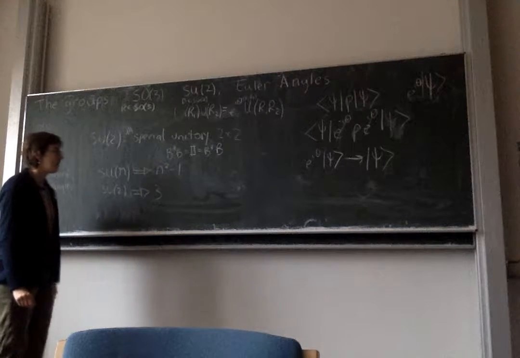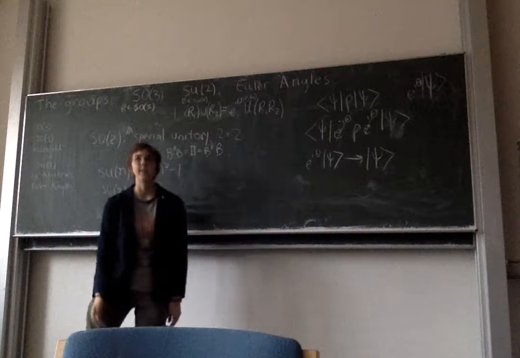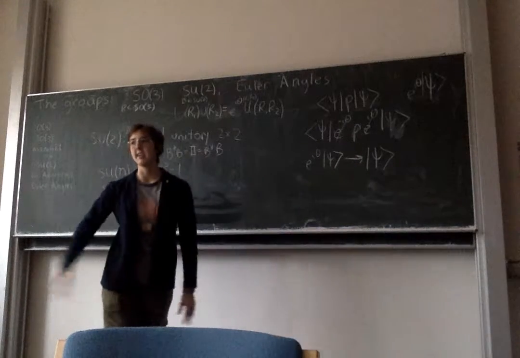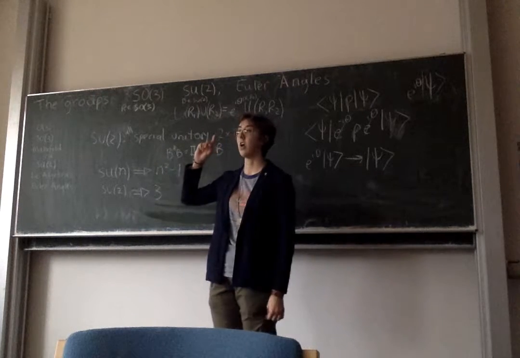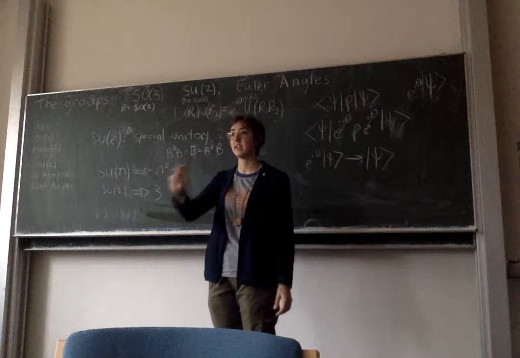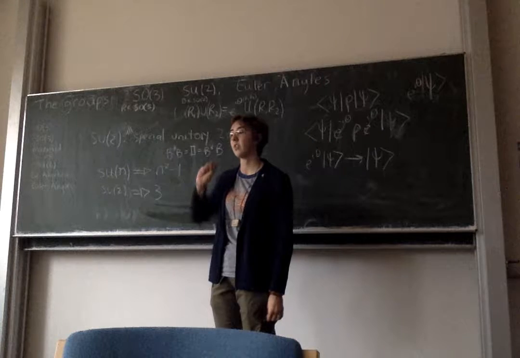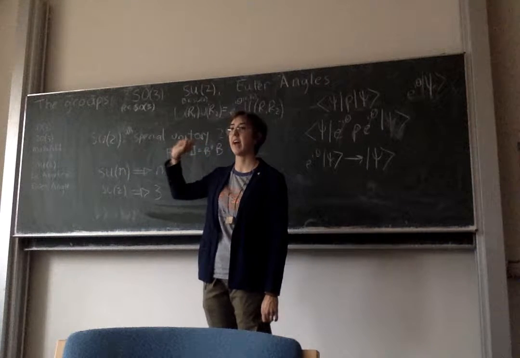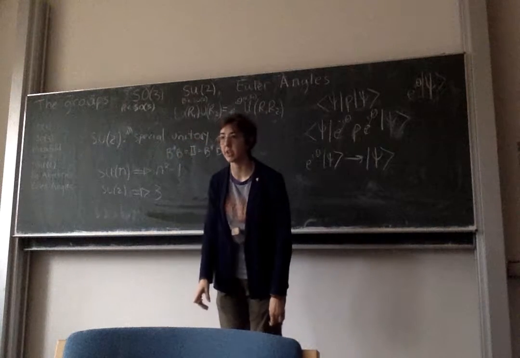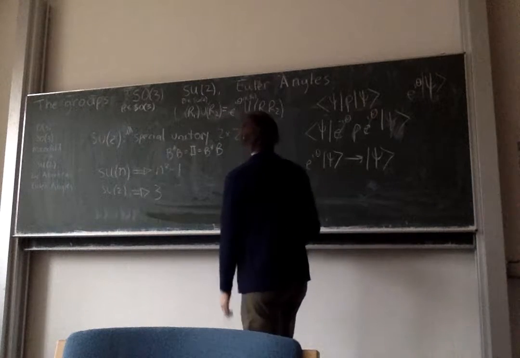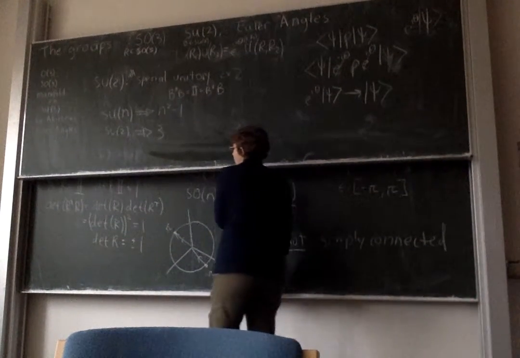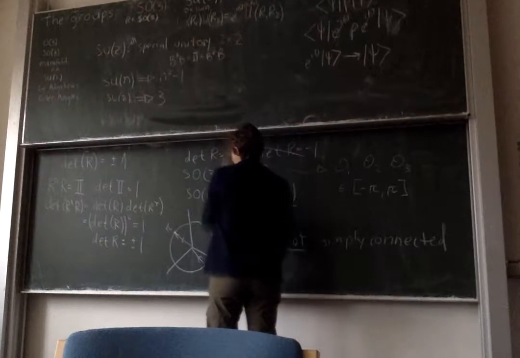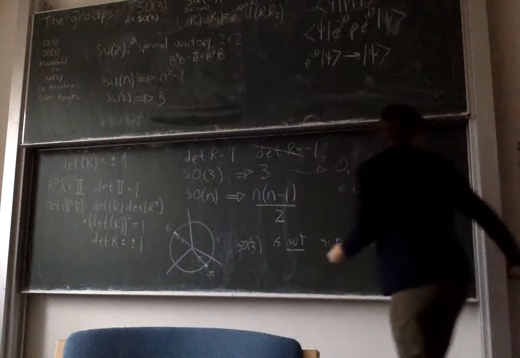The Lie algebra, a Lie algebra is a tangent plane at the identity of a manifold. And SU2 and SO3 are isomorphic at the identity. And this causes their Lie algebras to have the same commutation relation. So we have generators which satisfy the same commutation relation.